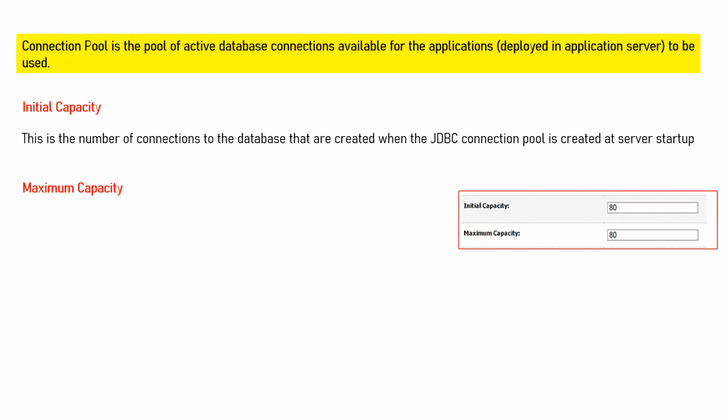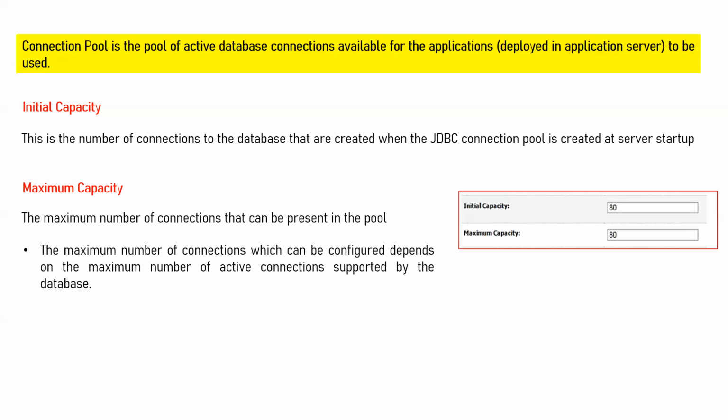So initial capacity means that when you start your WebLogic server, it starts the connection pool and creates the initial number of connections to the database. For example, if my initial capacity is 10, then when I start my WebLogic server, it will create 10 ready-to-use connections and place them in your connection pool.